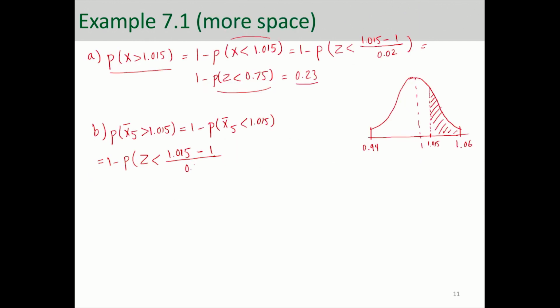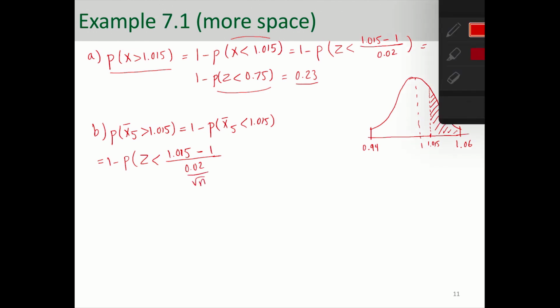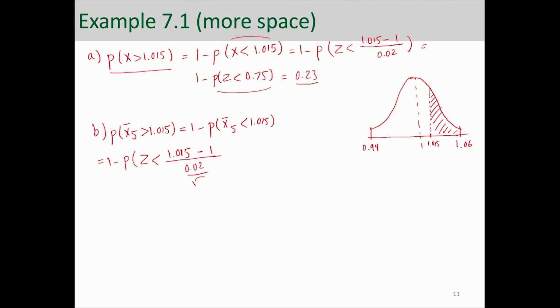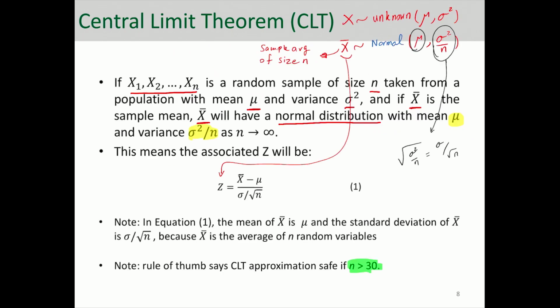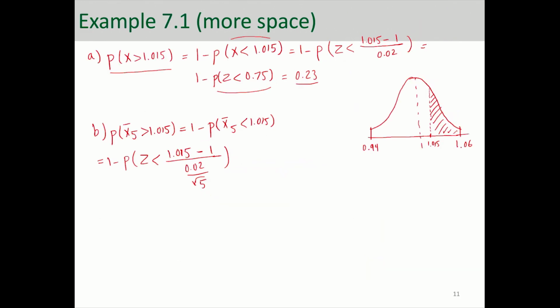So 0.02 over square root of n, which in this case is 5, right? This is something you're probably familiar with because a couple of slides back, here's the formula we were using: x bar 5 minus mu over sigma 0.02 divided by square root of n, and n is 5 here.